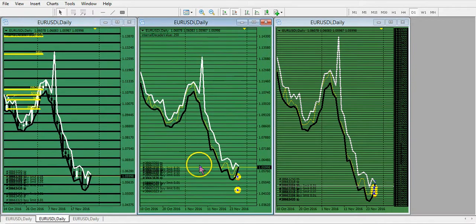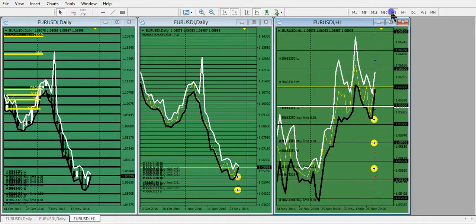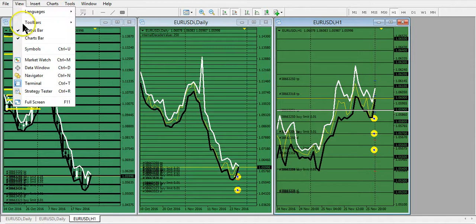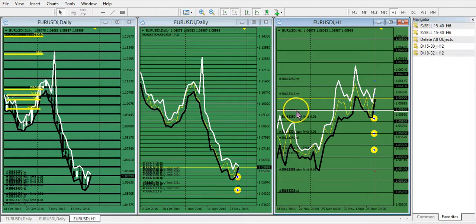And see, this looks really too close to the market. But if you go to the 1 hour, you're like, gosh, this is the whole debate. Are you too close to the market, or are you not far enough away?